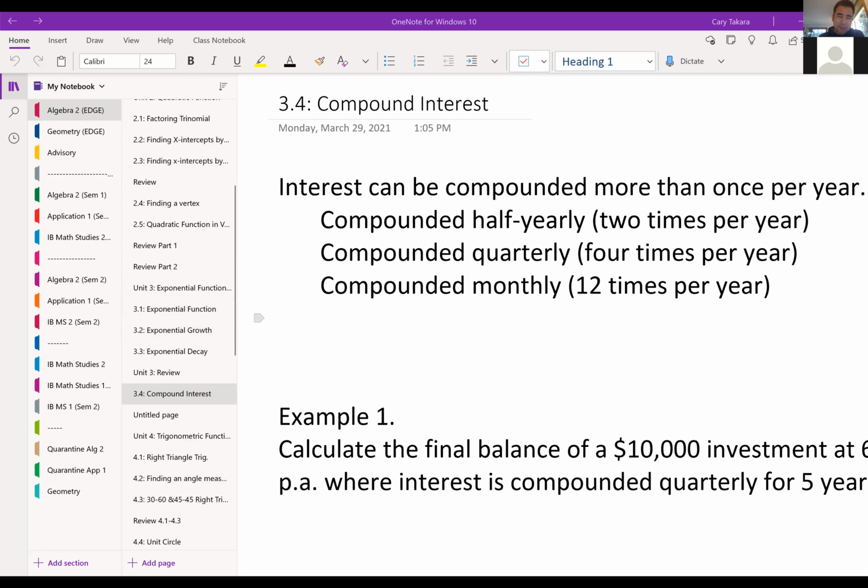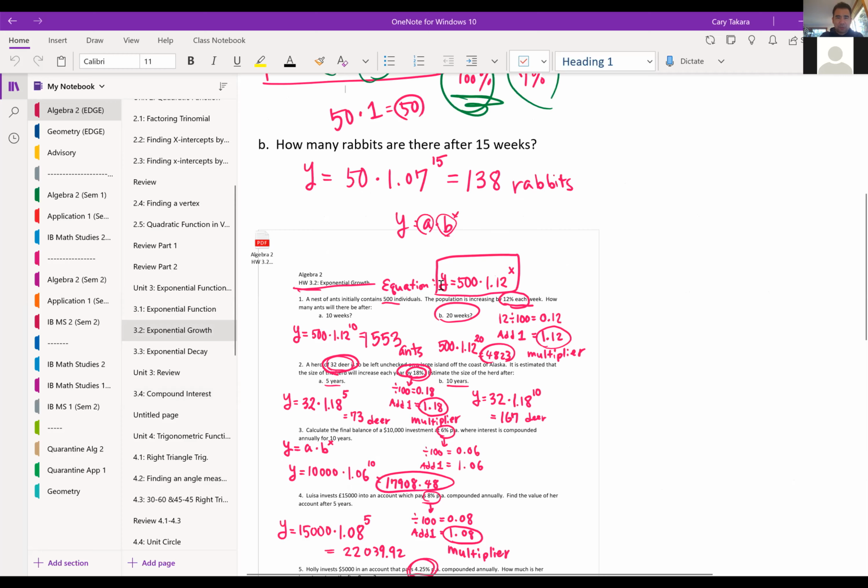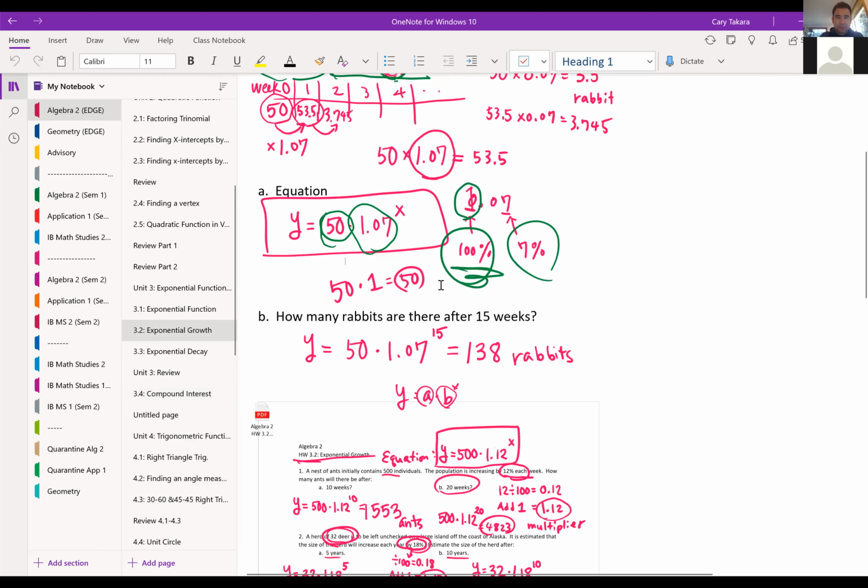Especially if you have been missing classes in the past, the next 2 days are going to be a good time to sum up everything that we've been doing for Unit 3. For Unit 3, we've been talking about exponential growth problems.